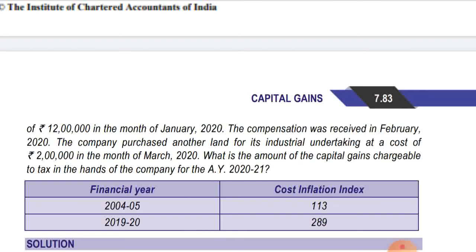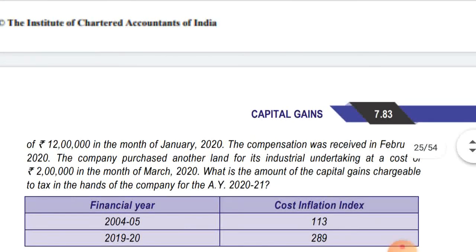So, as we all know, whenever any industrial land is compulsorily acquired, and another industrial land is purchased out of the capital gain, then we'll get exemption under section 54D up to the amount of capital gain.